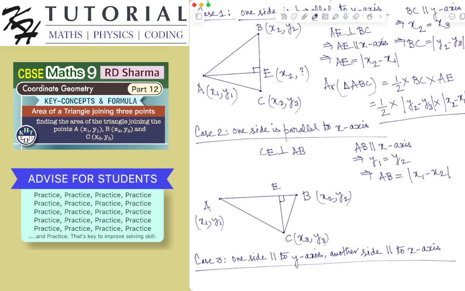In case 2, we are not interested in the abscissa of the point E, we don't need it, but we need the ordinate of the point E, which is y2.